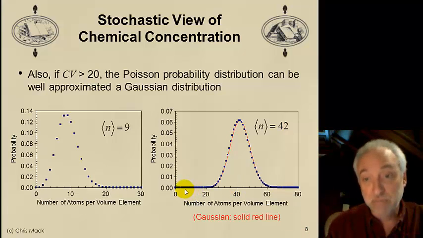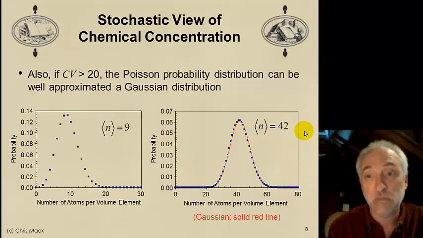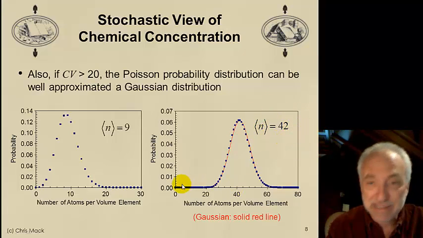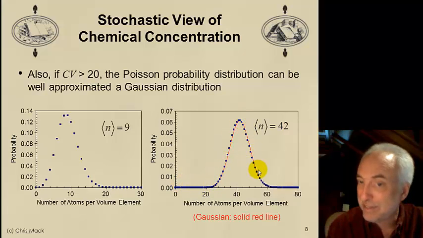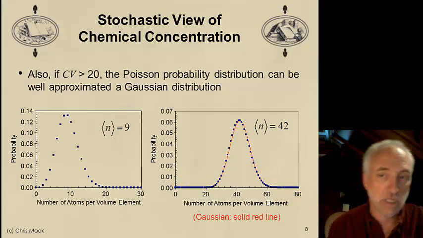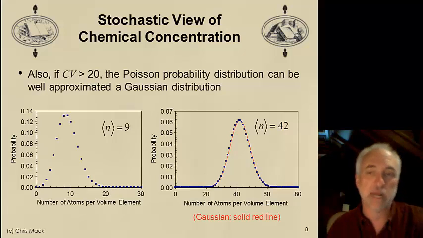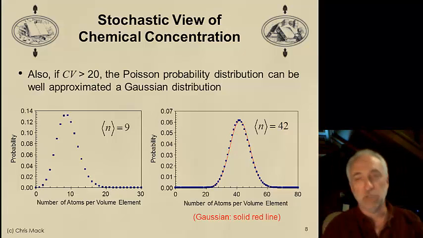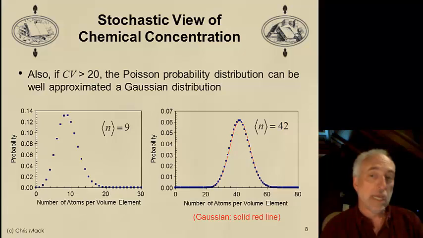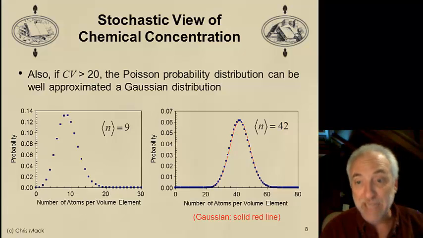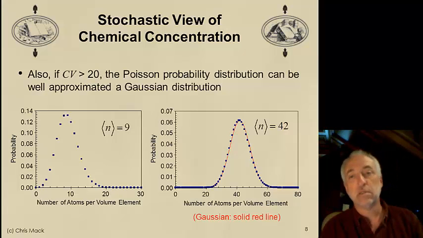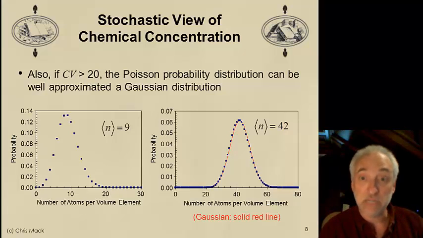Another interesting thing, when the mean number of particles in the volume exceeds about 20, this thing starts looking a lot like a Gaussian. Here I show a particular example where I had 42 as the average number of particles in a particular volume. And then I show, as the red line, a Gaussian with a mean equal to 42 and a variance equal to 42.